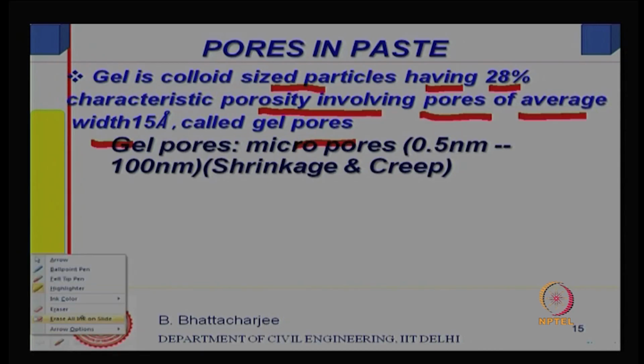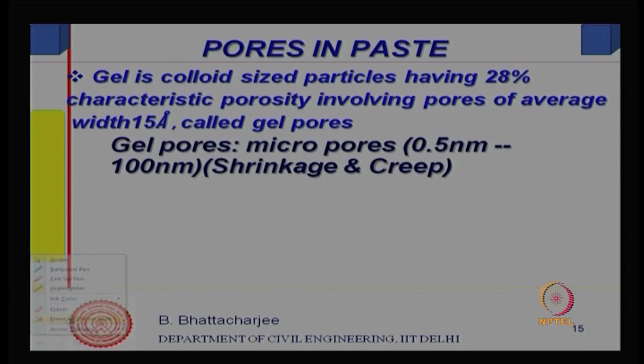So, gel pores are micropores, or you can even say nanopores, 0.5 nanometer to 100 nanometer in size. These are generally considered to be responsible for shrinkage and creep.